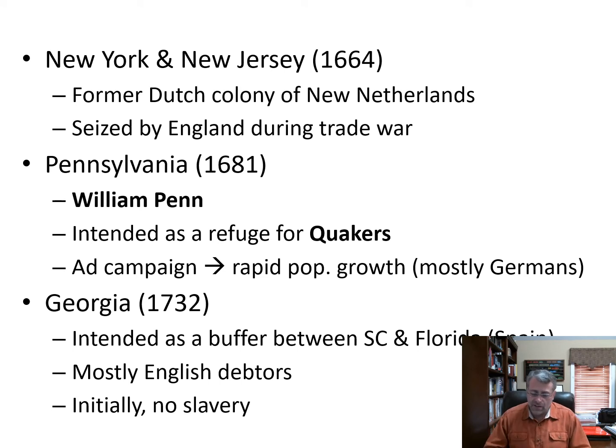So what they decide to do at the same time period we're talking about here, it just so happened that a lot of the debtors' prisons in England were filling up rapidly. At this time in history, if you don't pay your debts, if you owe money, you've borrowed money that you can't pay back, or if you've got bills you can't pay for, they'll send you to debtors' prison.